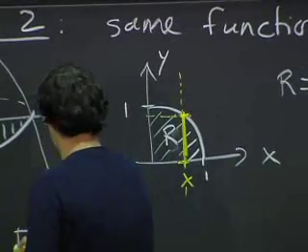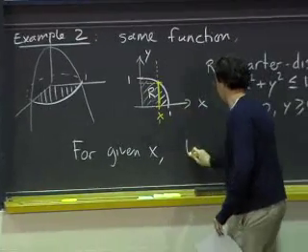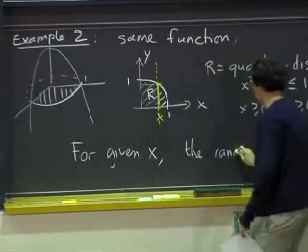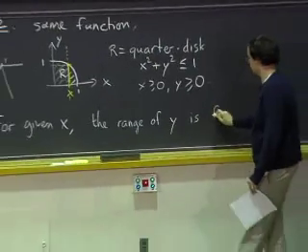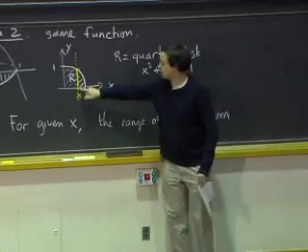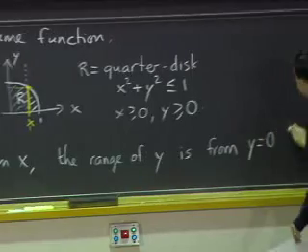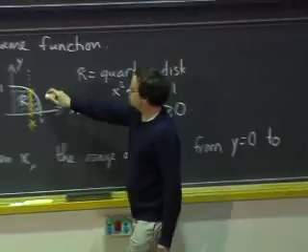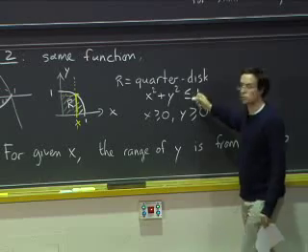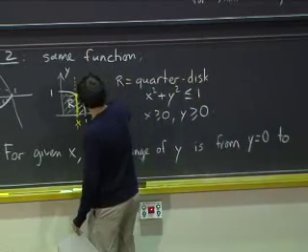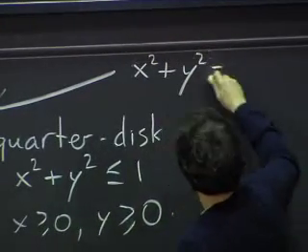Okay, so for given x, the range of y is, well, what's the lowest value of y that I will want to look at? It's still 0. From y equals 0 to what's the value of y here? Well, I have to solve in the equation of a circle. If I'm here, this is x squared plus y squared equals 1.